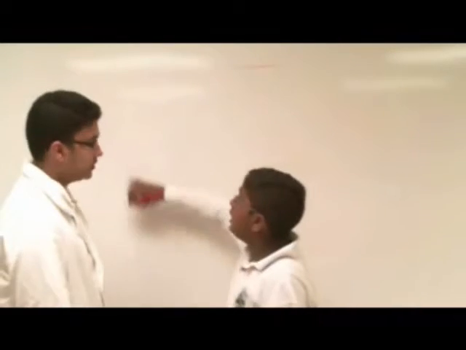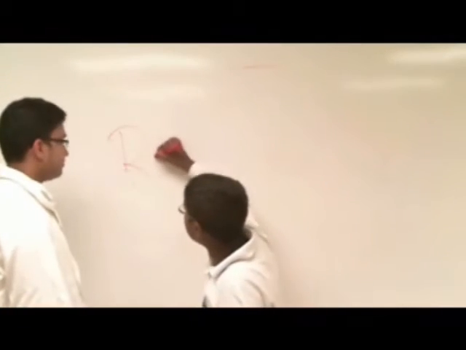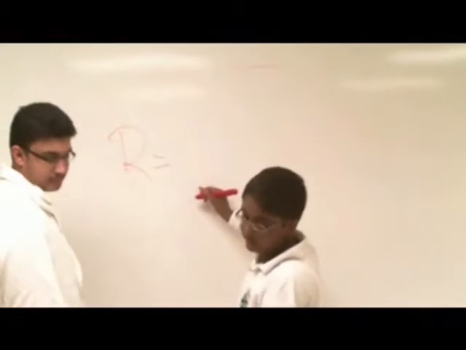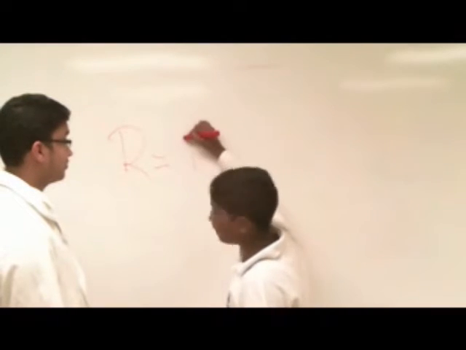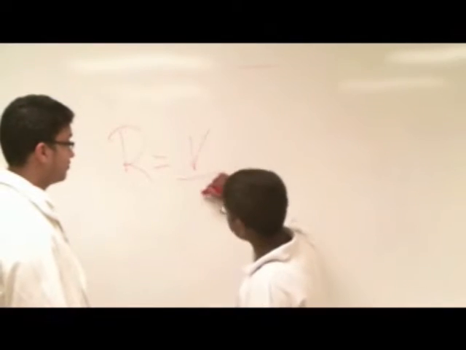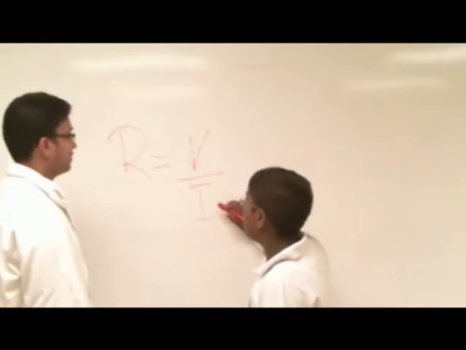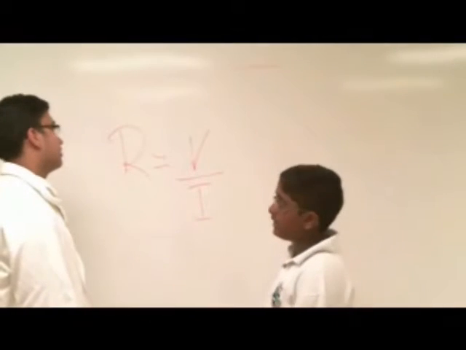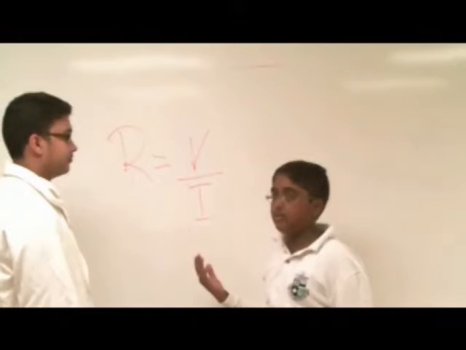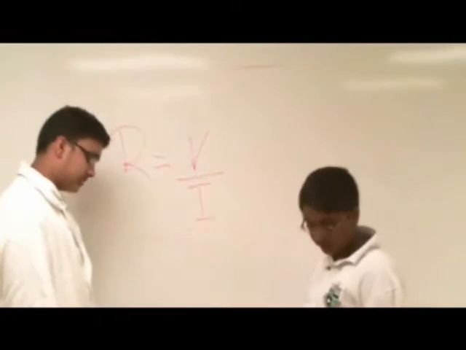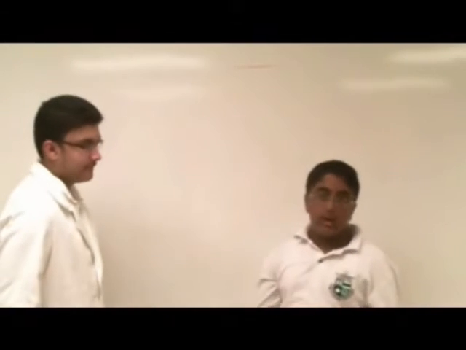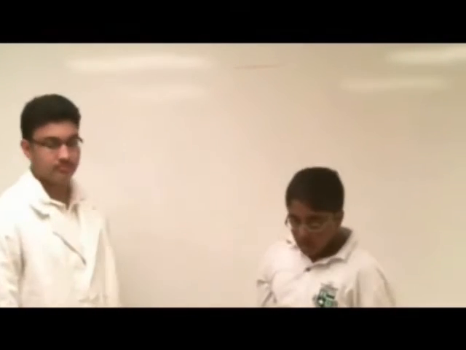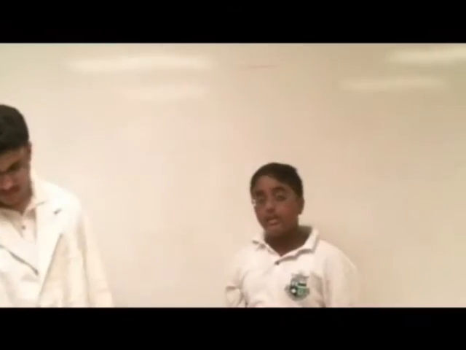If you want to find out the resistance, then you just have to change up the formula so it accommodates R. In this case, to find resistance, you would divide potential difference by the current. Simple formula. I'm sure it can be quite confusing, but we have a trick, and this trick can help you in any situation.